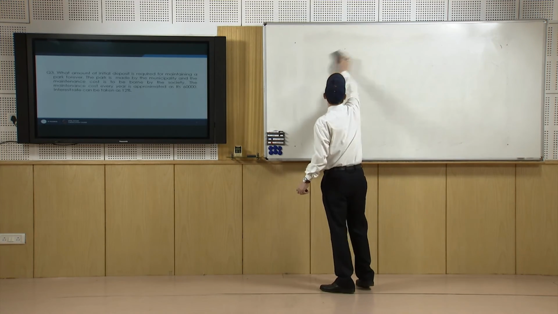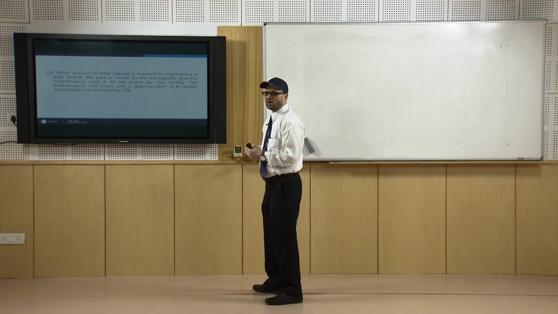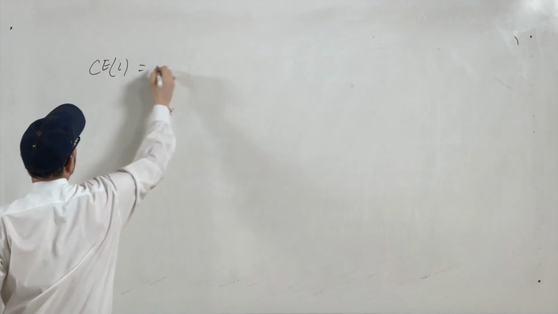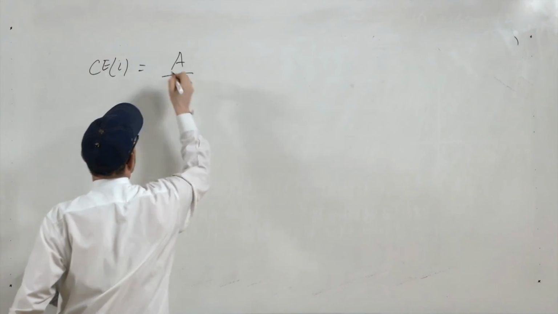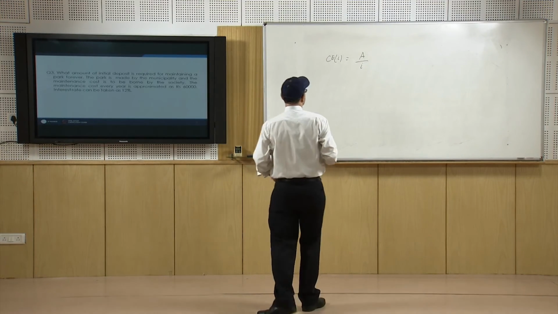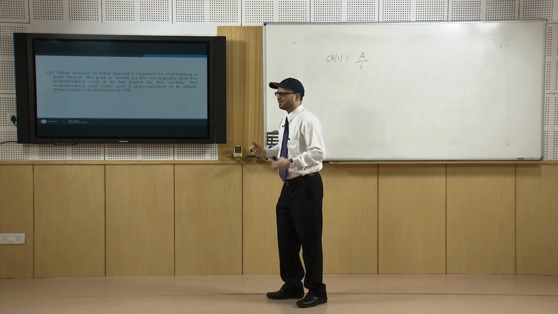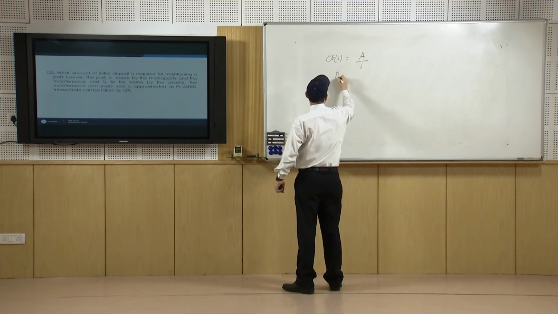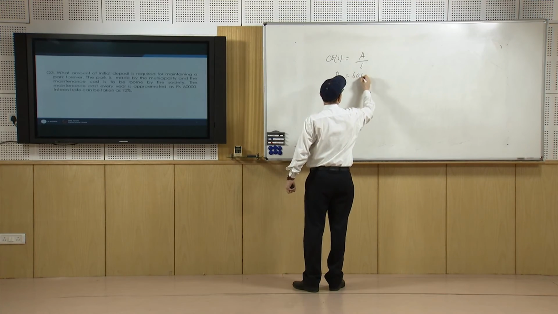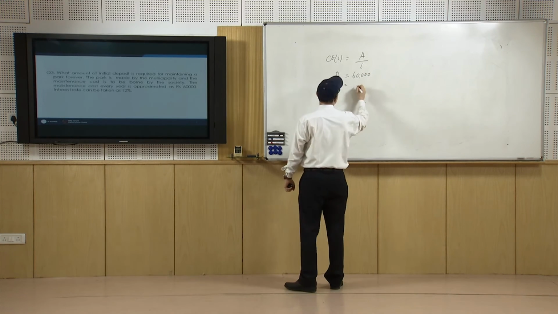So, as we have discussed, the capitalized equivalent amount is nothing but A by I. Now, in this case A is given as 60,000 and I is given as 12%.